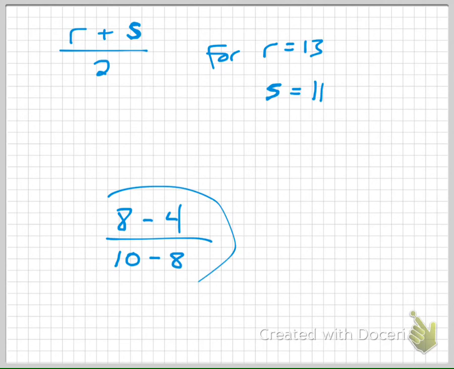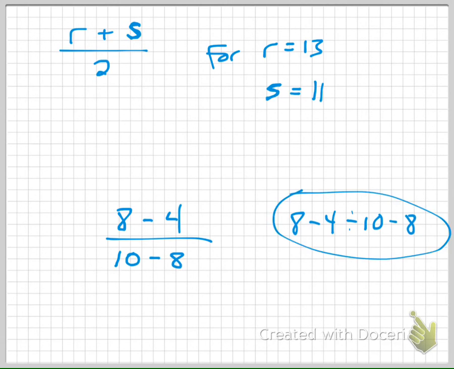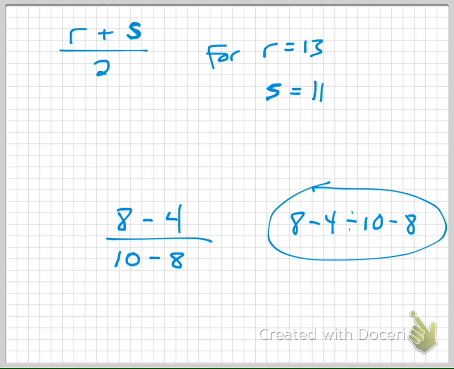Because if you read this to me, it says 8 minus 4 divided by 10 minus 8. Agreed? So really, couldn't I write that 8 minus 4 divided by 10 minus 8? Isn't that the same thing? It's not the same thing. Because in this situation, what am I going to do first? On this problem right here, what would I do first? The 4 divided by 10.